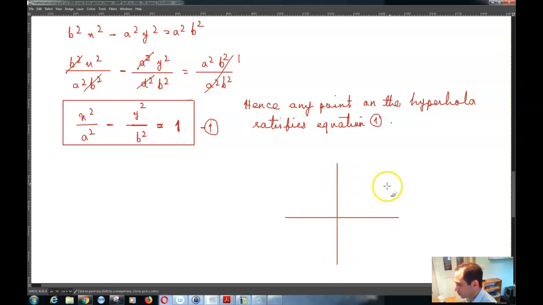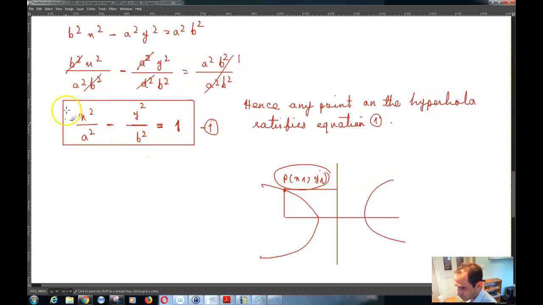I can take my hyperbola, for example, in this orientation, and take this point over here, read the coordinates of this point from the graph, and if I have the coordinates of this point, for example, P as x1, y1, then of course I know that x1, y1 is going to satisfy this equation.